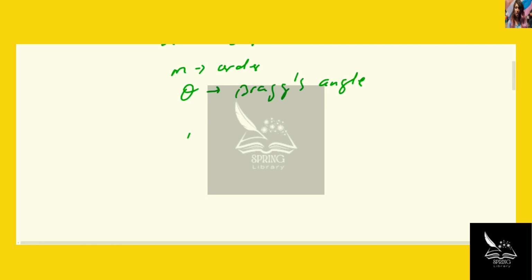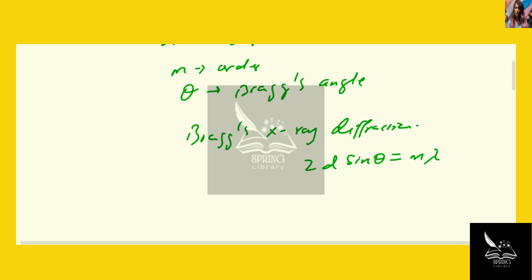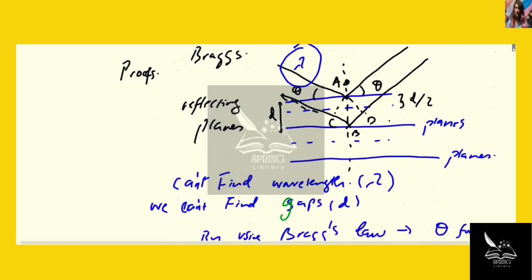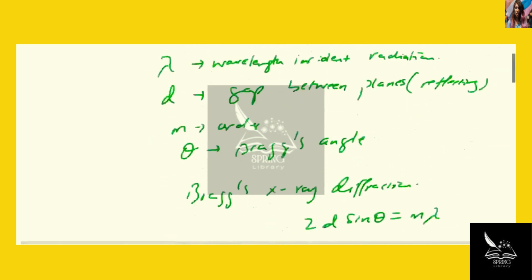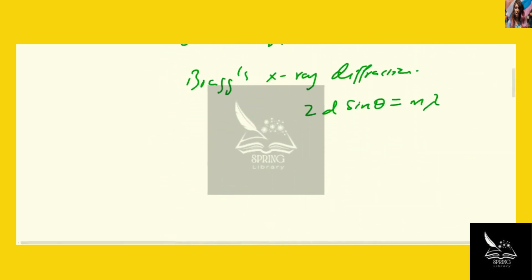So based on the Bragg's X-ray diffraction, we get to see that 2d sine theta equals m lambda. Remember, going back to the diagram, we see what d is. d is the gap between the two planes. Theta is the angle of reflection, and lambda obviously is the wavelength, and so that's what we're using in this particular problem. 2d sine theta is m lambda.